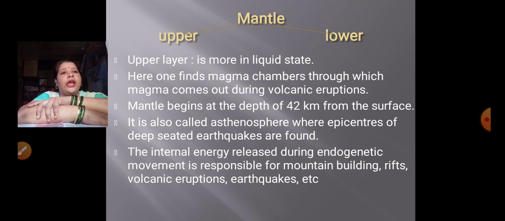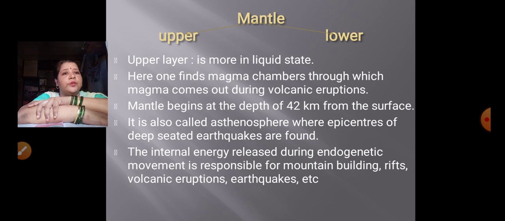Now, during endogenetic movement, what is the meaning of endogenetic movement? Yes, correct. The movement which takes place inside the Earth's interior is called endogenetic movement. During the endogenetic movement, what happens? The internal energy is released. And just because of the internal energy, what happens?